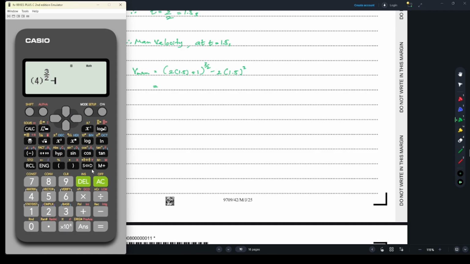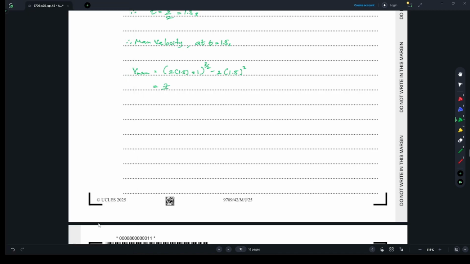And then minus, we have 2 times 1.5 squared. So it is 7 over 2, which is 3.5. So 7 over 2, or we can write 3.5 meters per second. So this is the maximum velocity.